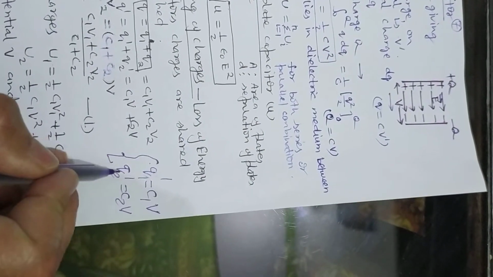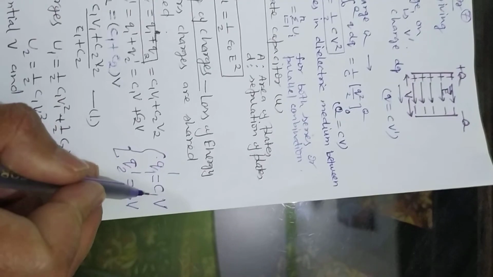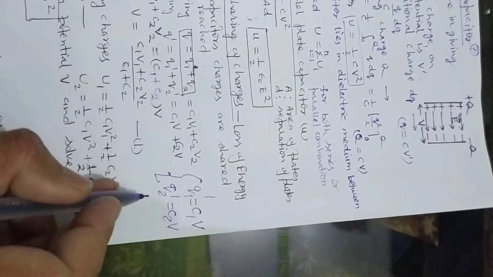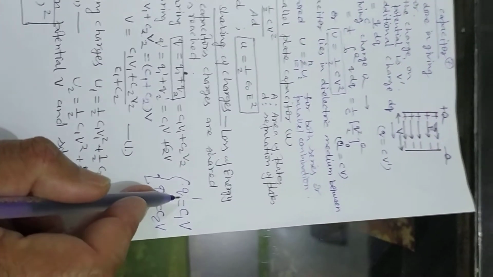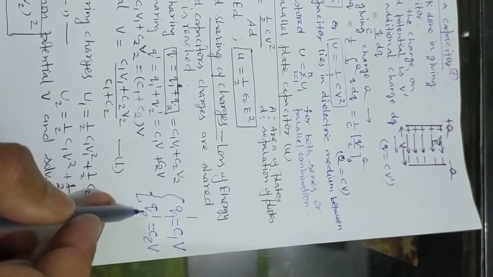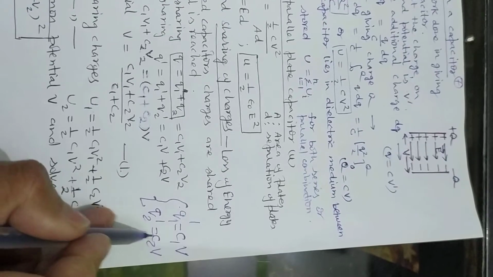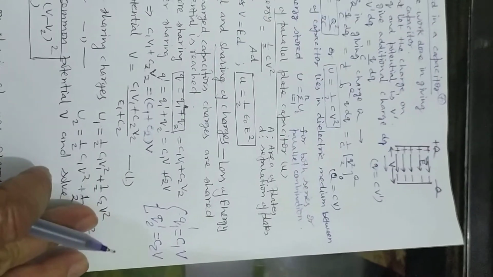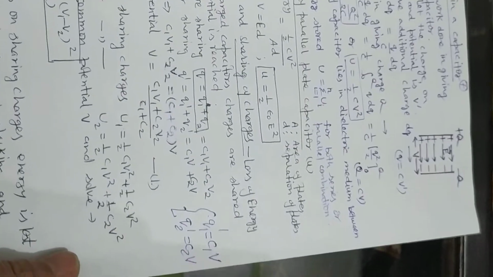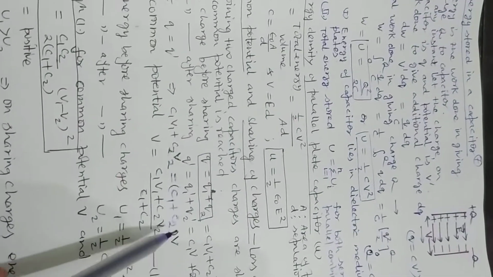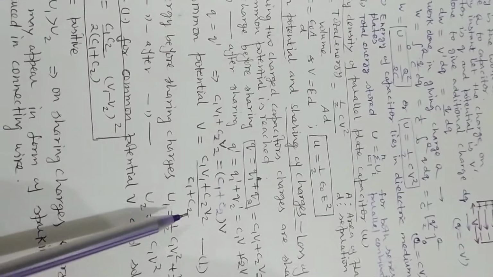After joining, we will have Q1 dash equal to C1 V and Q2 dash equal to C2 V, and Q1 dash upon Q2 dash is going to be in the ratio of their capacitances. So Q1 dash upon Q2 dash will be equal to C1 upon C2. Common potential we will have.